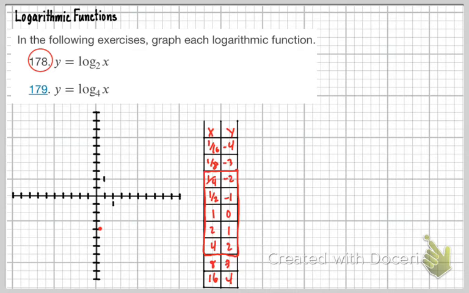And remember, we're doing every 2 here. And then at 1, it's 0. Okay, and then at 2, it's 1. And then at 4, it's 2.